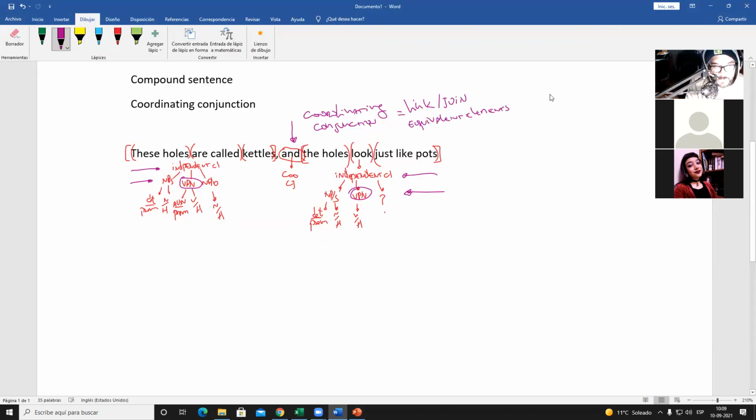Therefore, a coordinating conjunction creates a paratactic relationship, which means that the link is created out of two different elements which are at the same level. That is to say, both of them are independent clauses. Any question? No? Okay.